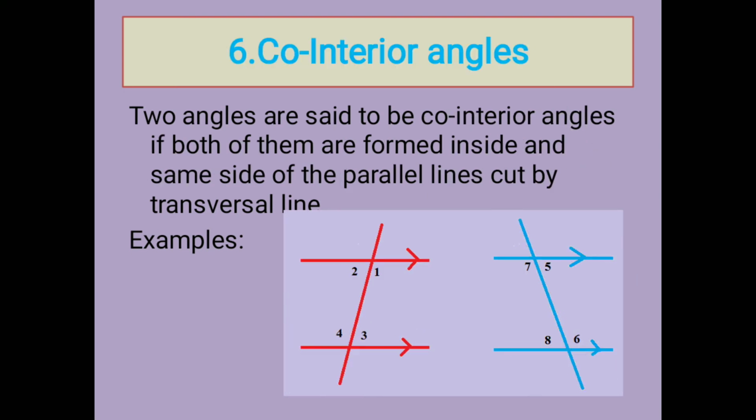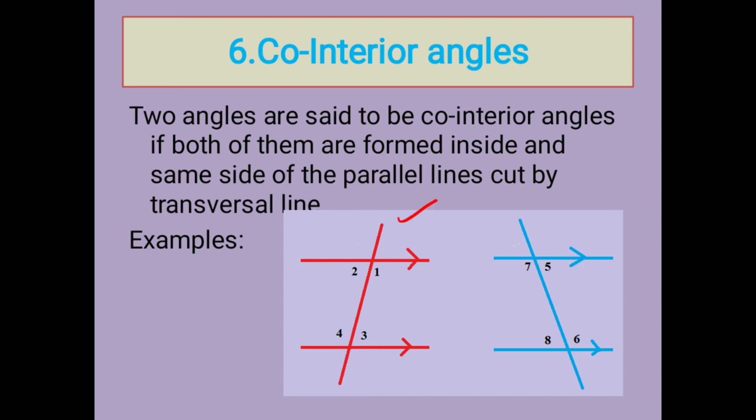Let's talk about co-interior angles, the second last one for today's class. Any two angles are said to be co-interior angles if both of them are inside the parallel lines and on the same side of the transversal line.